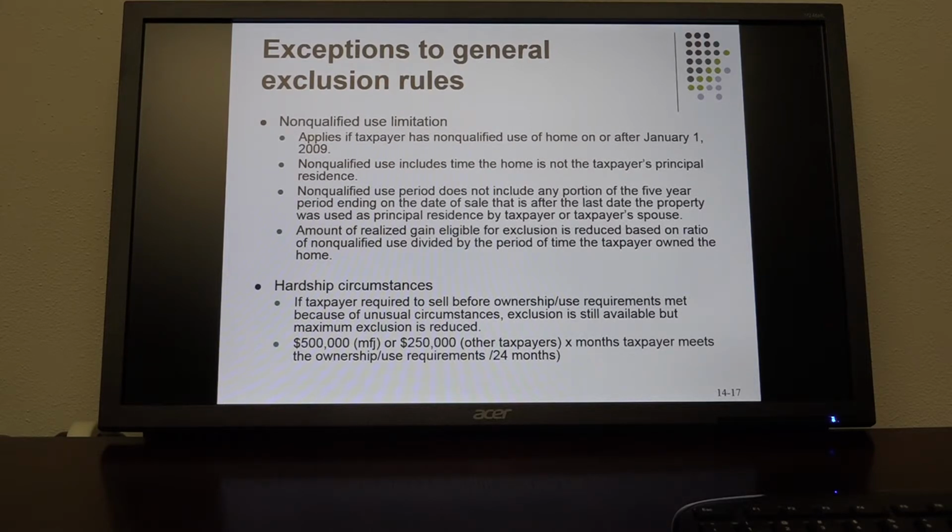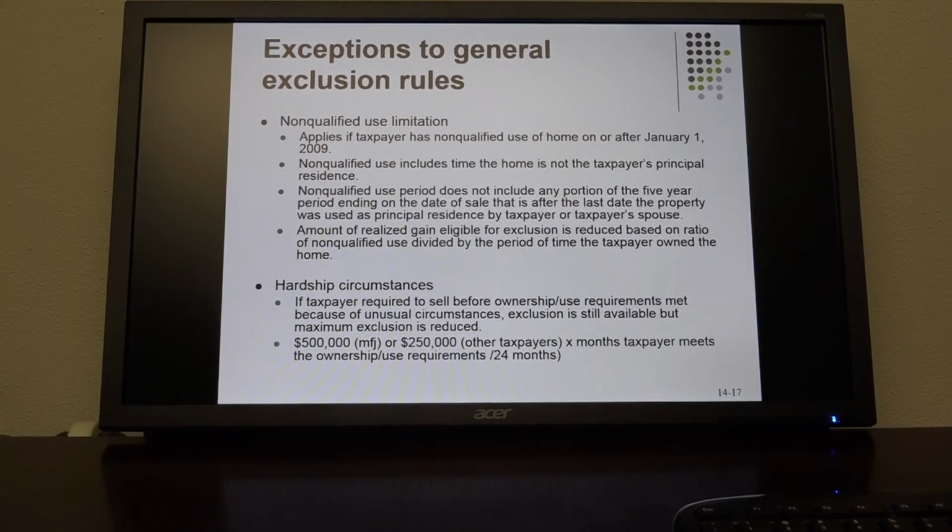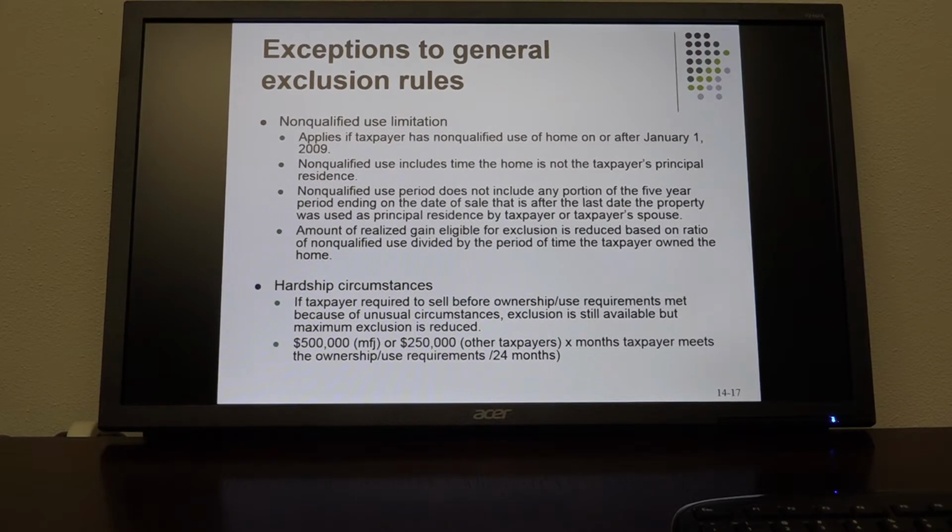And so, said another way, the taxpayer will not qualify unless the taxpayer's commute from the old home to the new job is at least 50 miles longer than the taxpayer's commute from the old home to the old job. So, Portland to Chicago, that's a no-brainer. Portland to Vancouver could be a problem. Probably is a problem.